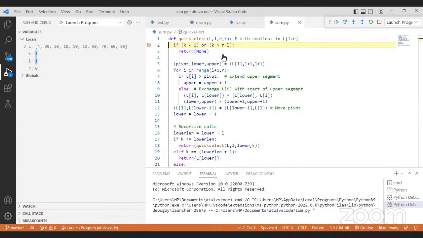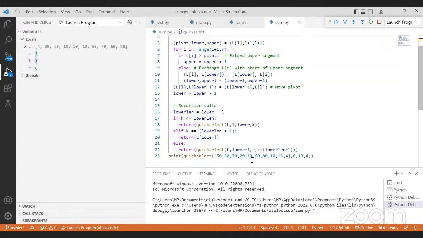Yeah, now this time our L value becomes changed. Okay, so actually here we are passing this list and we are changing the index. Now this time our calling list index is 1. That means we are performing our partition process from 1 to 6 index. Okay, so here L equal to 1 and R equal to 6.